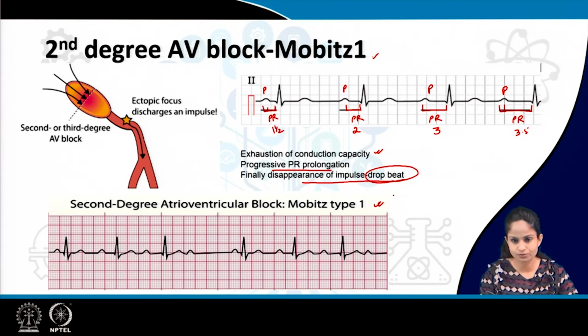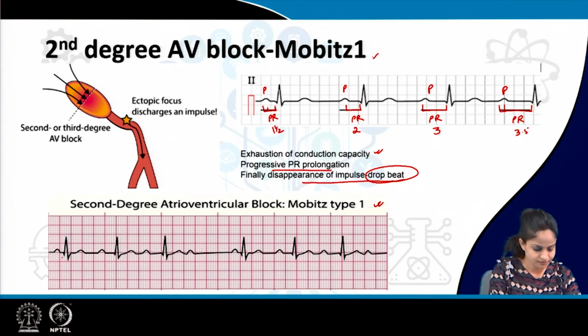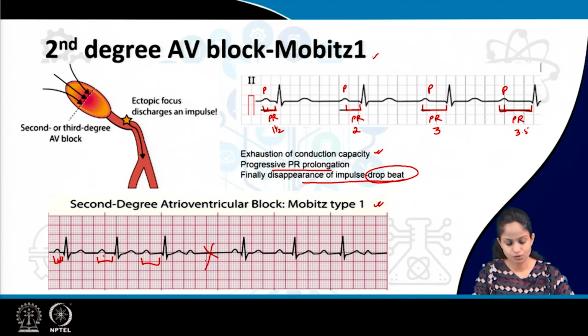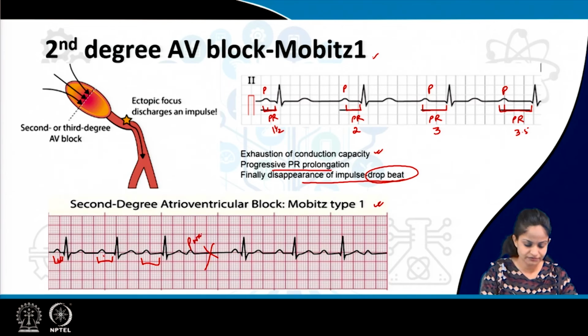This is nothing but what we had shown in the ECG. This is the PR interval, this is the PR interval, and finally, no QRS complex is present over here, only we could see the P wave. So, this is Mobitz type 1 block.